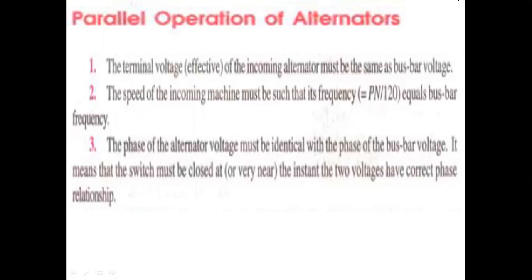Actually alternators used in power systems are connected in parallel with many alternators. It means that the alternator is connected to a live system of constant voltage and constant frequency. If you connect the alternators in parallel, the total alternator system has constant voltage and constant frequency.